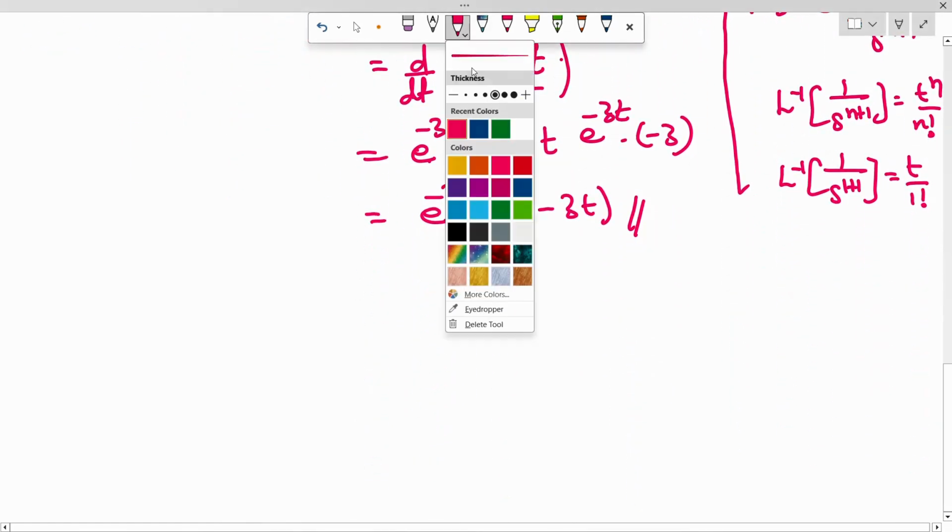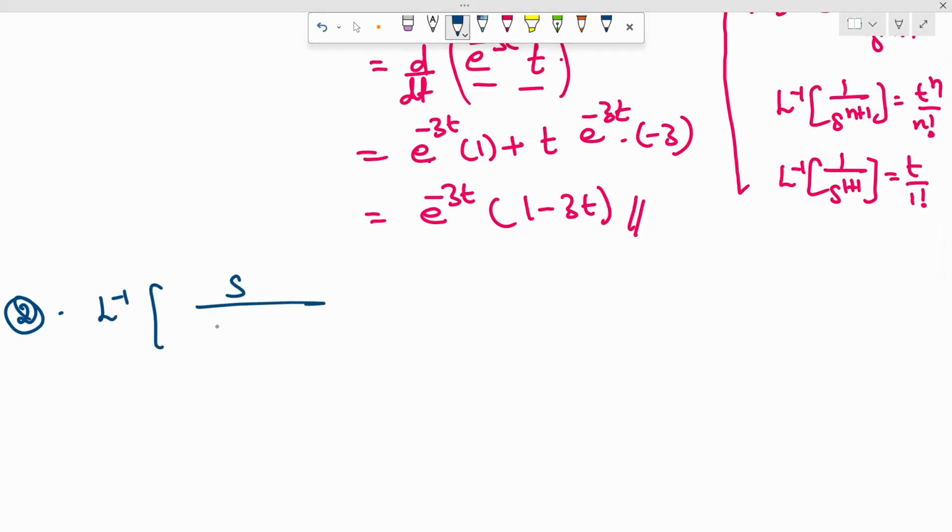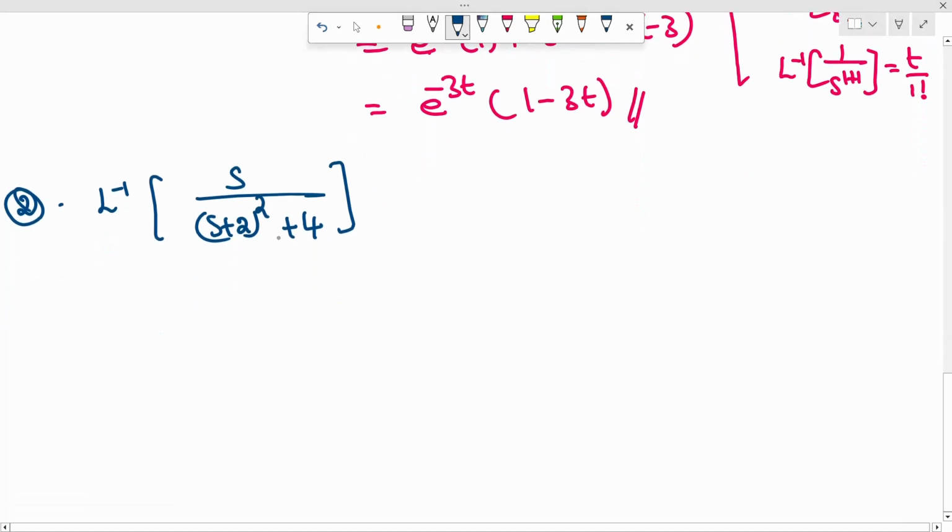Next problem. L inverse of s by (s plus 2) whole square plus 4, which is in the form of s into f of s. Now we are going to use the multiplication by s result here.